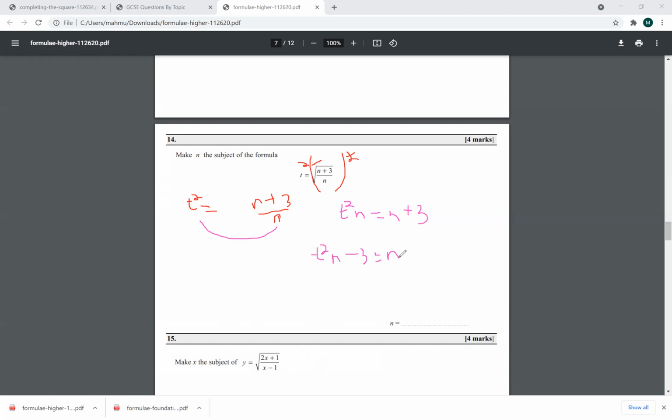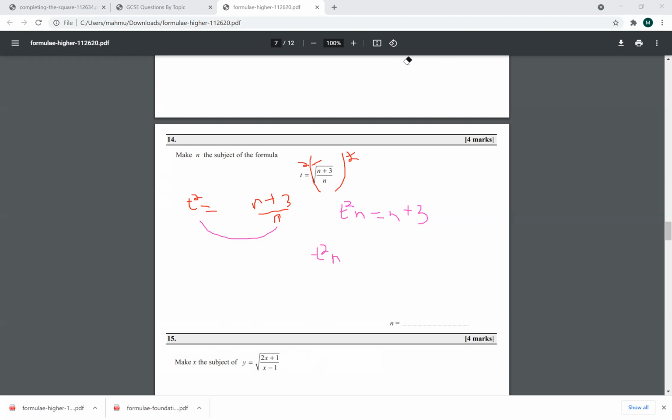Does that make sense? It's still confusing. It doesn't work like this actually. No, I won't actually move this 3 to the other side. What I'll do, I'll move the n to the other side. I won't move the 3 because it's going to confuse the user.